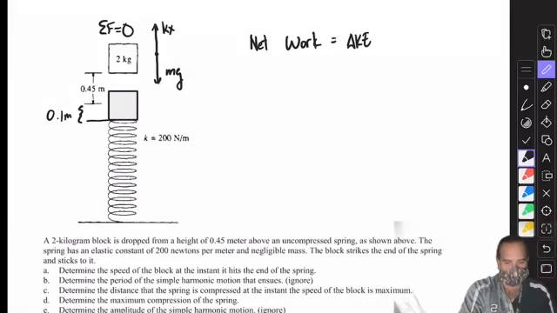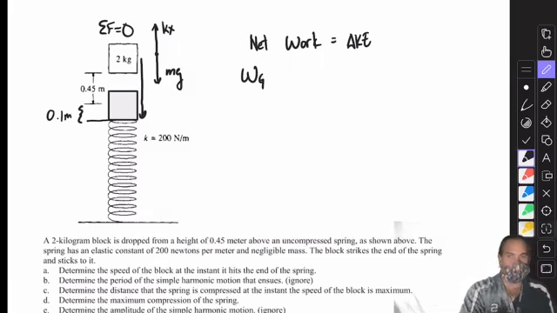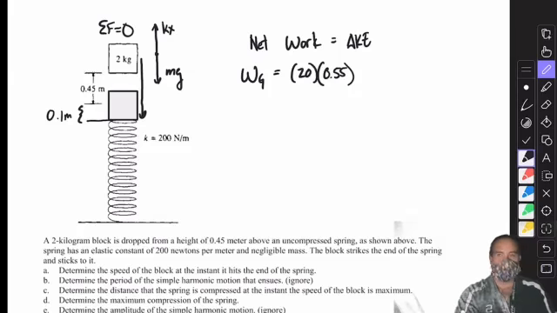The block traveled a total distance of 0.55 meters downwards. Gravity acted downwards on it. So the work done by gravity is positive, and it's going to equal the downward force, which is 20, times the displacement, which is 0.55. And that's the total work done by gravity.